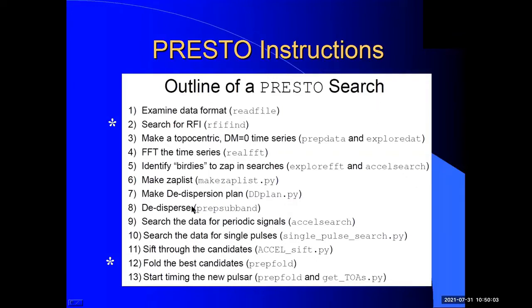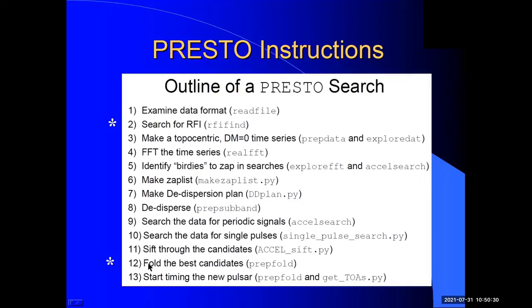But if you look at the instructions, there are two main items in there that amateurs can use. The first one is a tool called RFI Find, and that searches your data for RFI and, with your help, removes the worst parts of it.